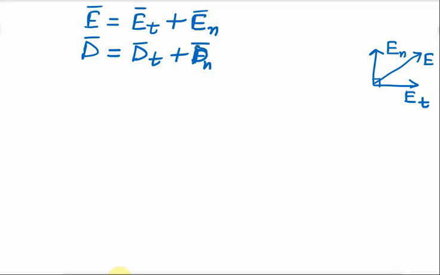Now let's proceed to find the dielectric boundary condition. So what is this dielectric boundary condition? We will consider the electric field E existing in a region that consists of two different dielectrics.